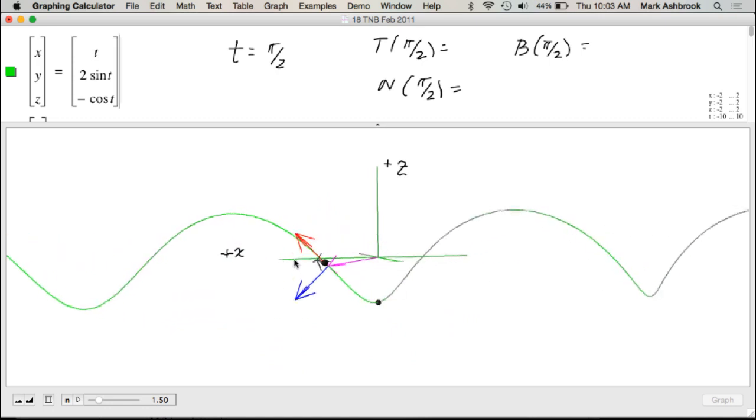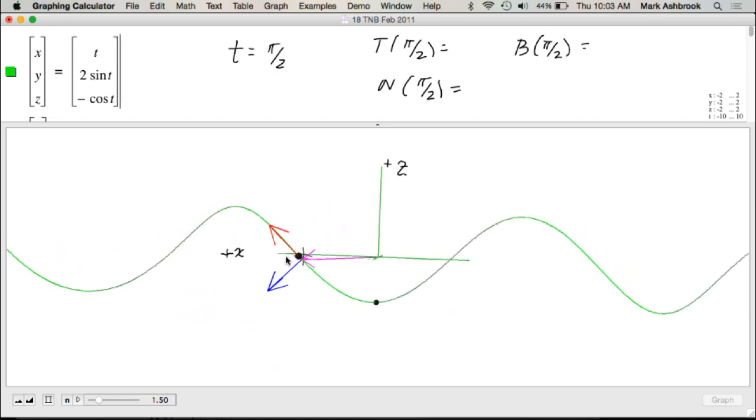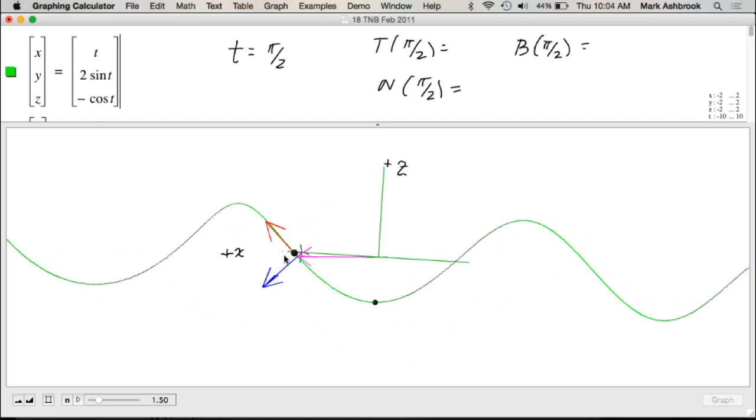So imagine what's going to happen at the far right side, right there.